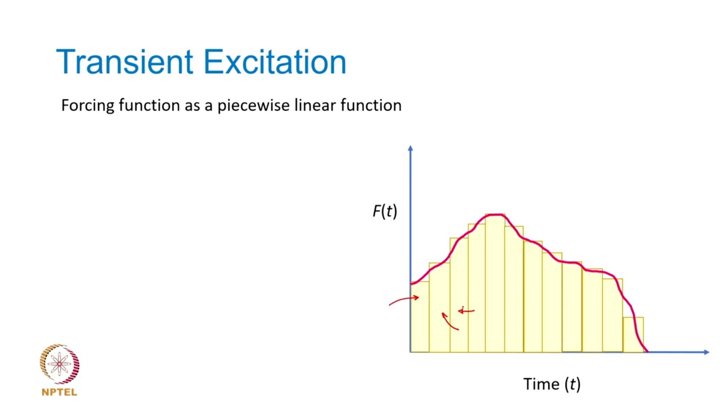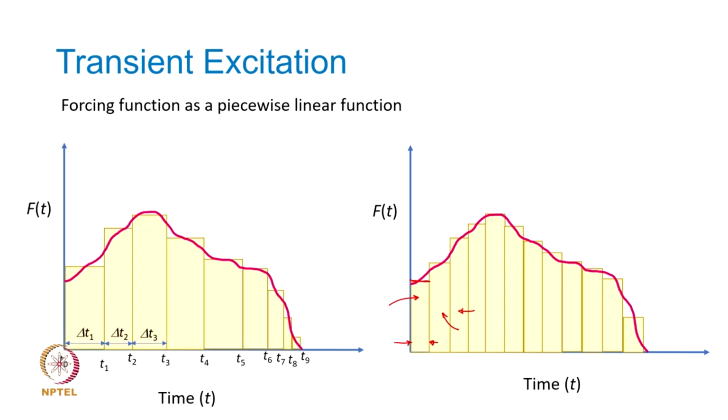It is not necessary that the width or the time duration for this force to act should be identical throughout the span. So, if I want, I can approximate it with impulses of varying time interval.